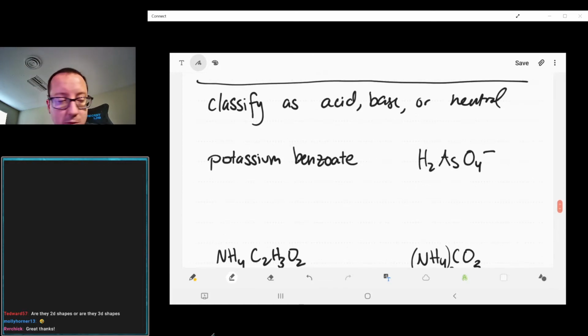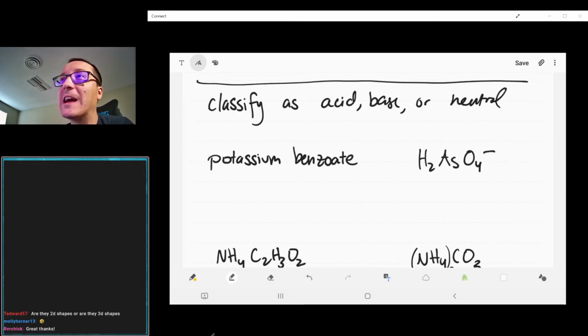So if we want to figure out what's happening with these, potassium benzoate, perhaps something that we are not familiar with its structure or formula, but this is a very common preservative. It's used in a bunch of things. Let's go ahead and look at our chart here. We do see that we have something called benzoic acid. If we remember our names, something that ends in ic acid comes from an ate.